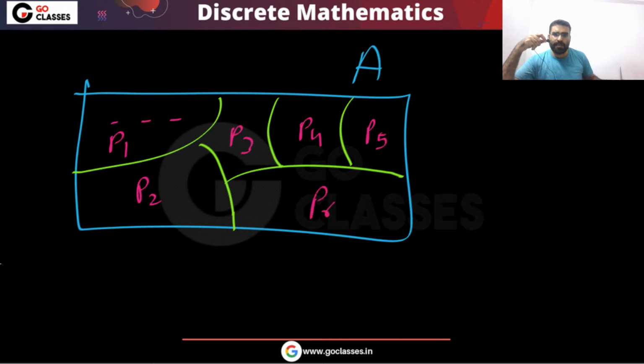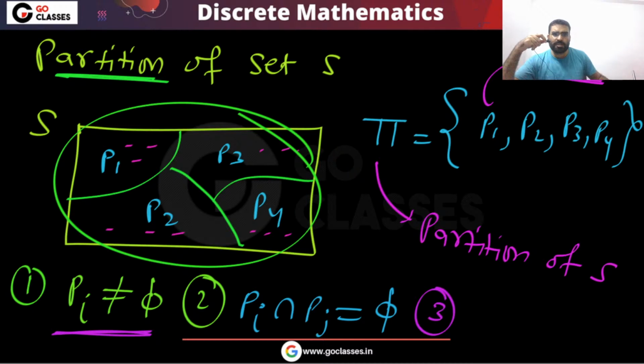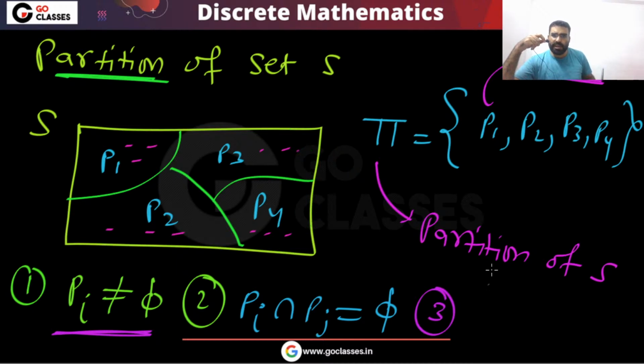So these are the properties. They should be non-empty, they should be disjoint. And what is the third property? The third property is their union must be equal to S. The union of all the Pi must be equal to S.